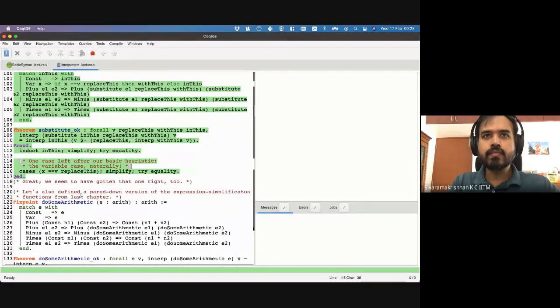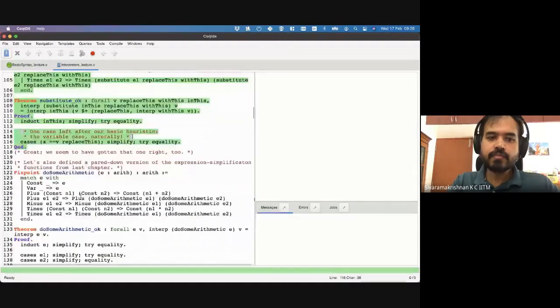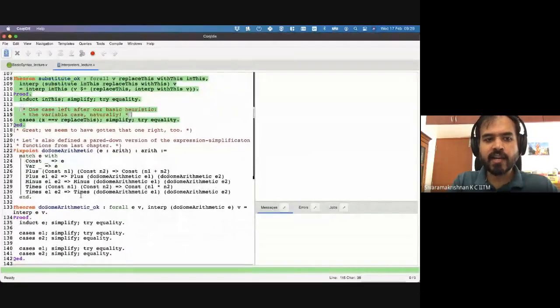No questions. Okay, so again, we are going ahead and doing the same thing that we did in the previous lecture. We had a very expressive constant folding optimization implemented in the previous lecture. We have a simplified version of it here. In particular, we only constant fold when we have two constants for plus.